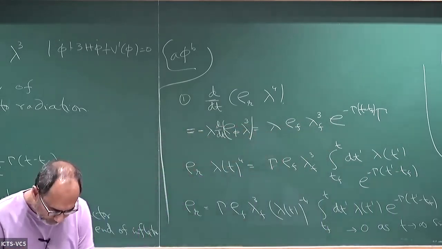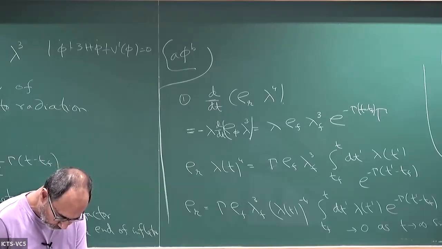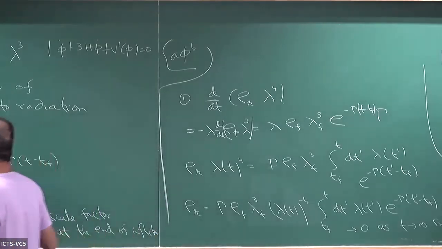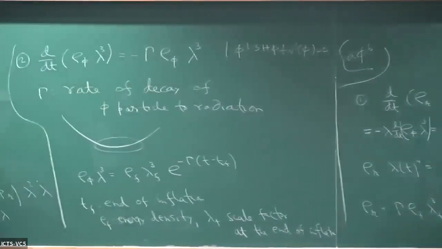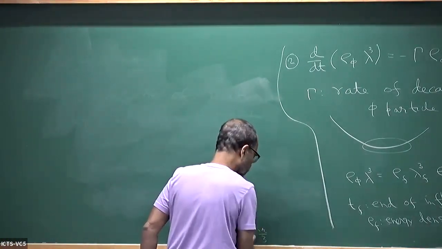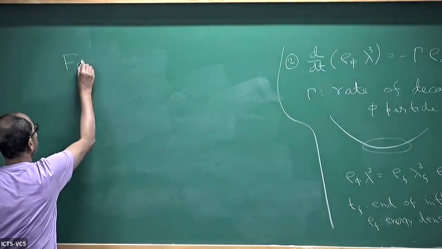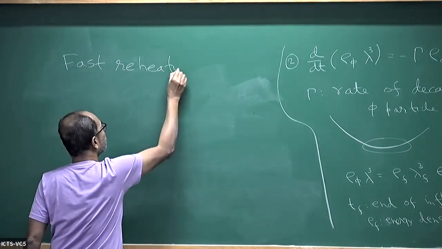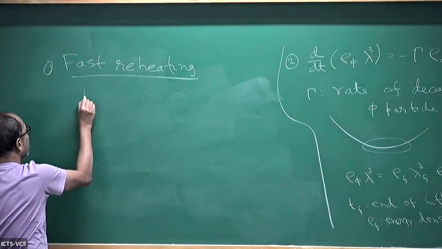Okay, so let me just discuss two extreme limits of this. So one is fast reheating, where gamma is large.